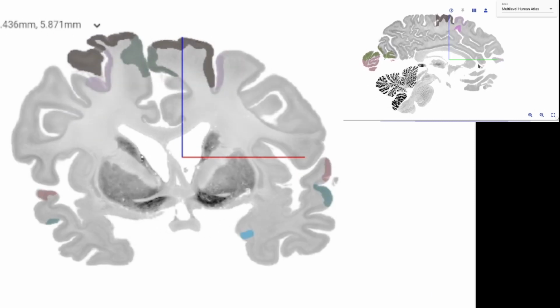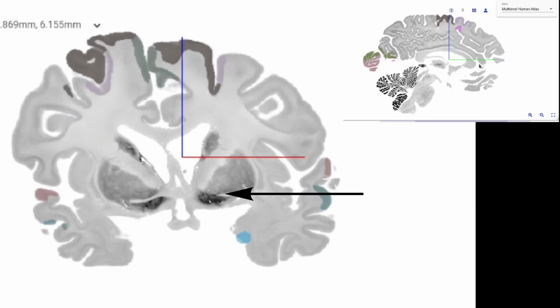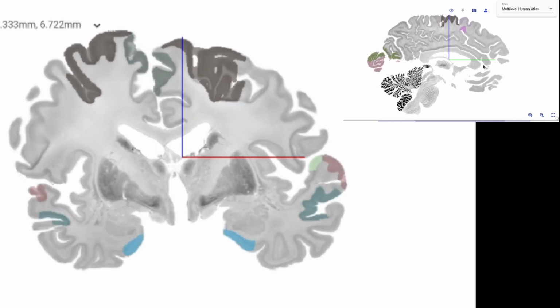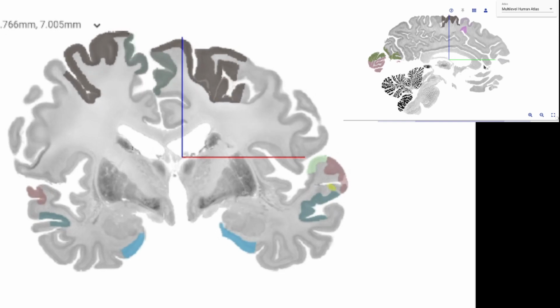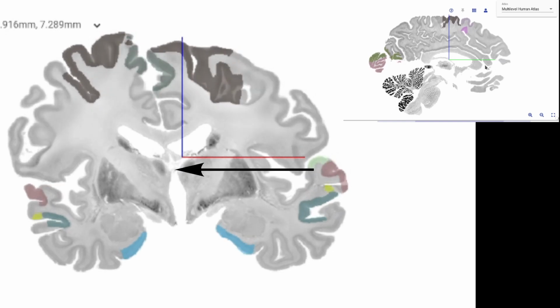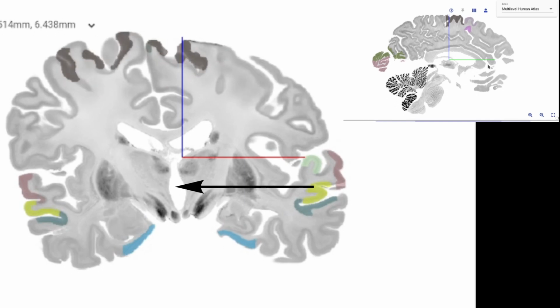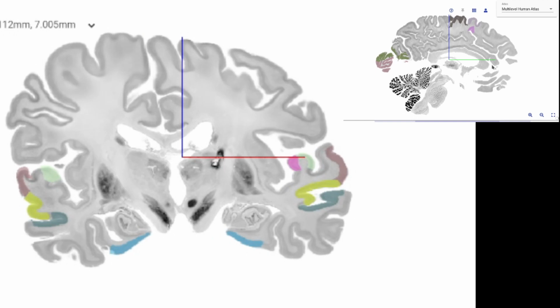As we proceed, we see the anterior commissure. And then going back, we see the interventricular foramina of Monro. And then the third ventricle appears, which is surrounded by your thalamus and your hypothalamus.